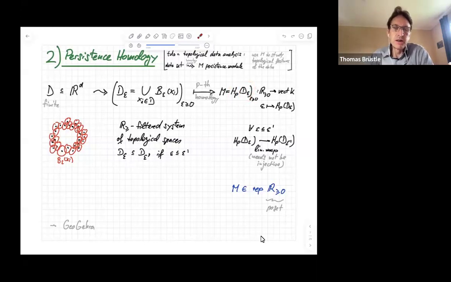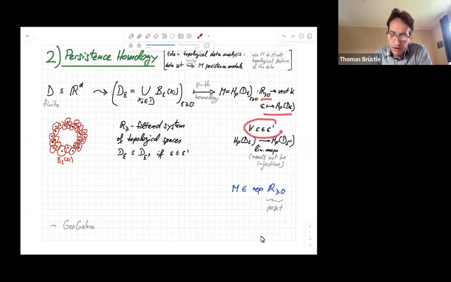It's really H0, H1, and H2 that are considered in TDA. But listen, to every value epsilon here, we get one vector space, the homology group of that topological space D epsilon. And it is a filtered system. So for every epsilon, we get one such vector space.